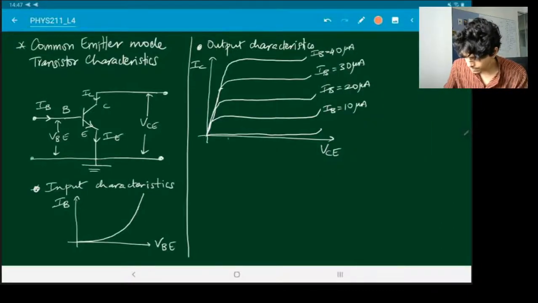So now this region at the bottom, can you see this? Yes. This region is known as the cutoff region.